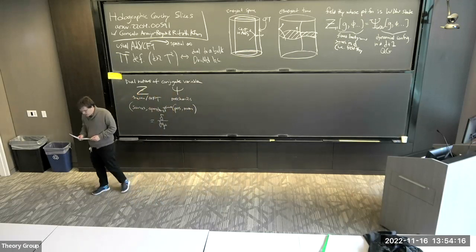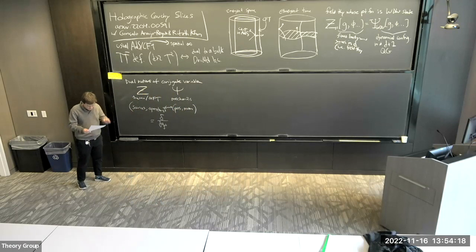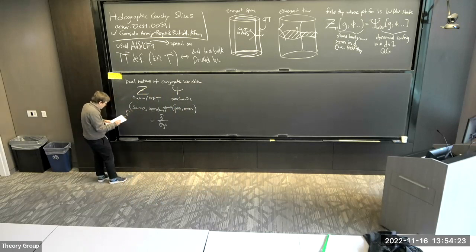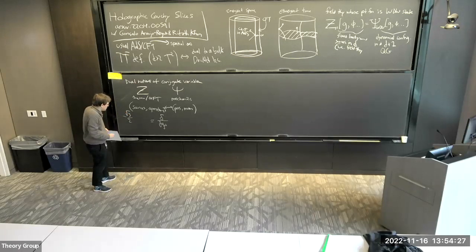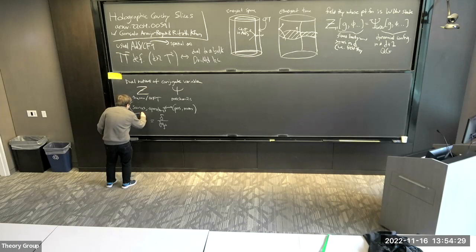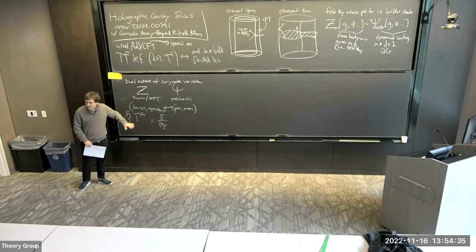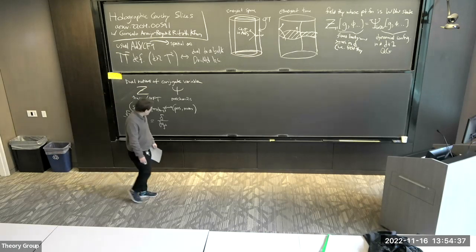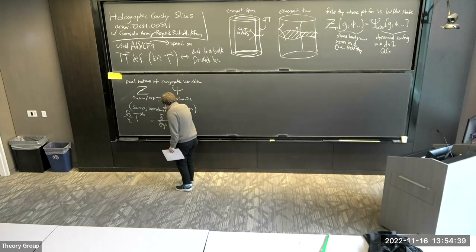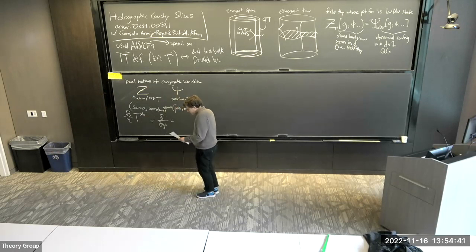If we're on the partition function side, then up to some not very important and somewhat conventional factors, we would say that this is how we define the stress energy tensor of our field theory.